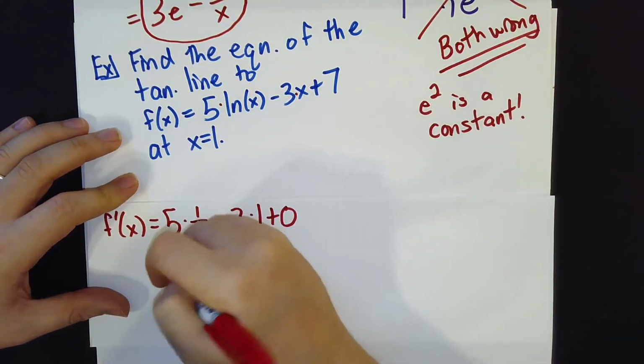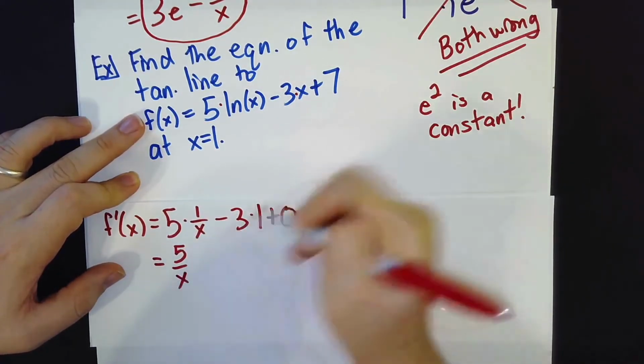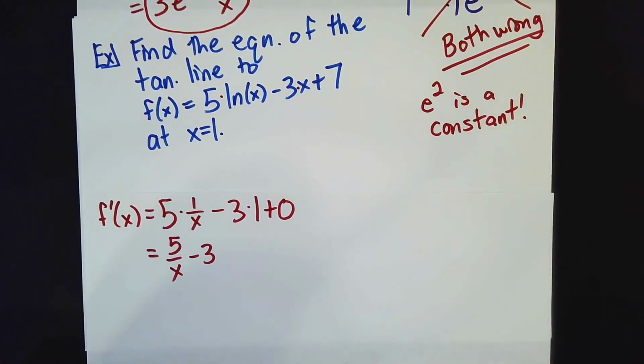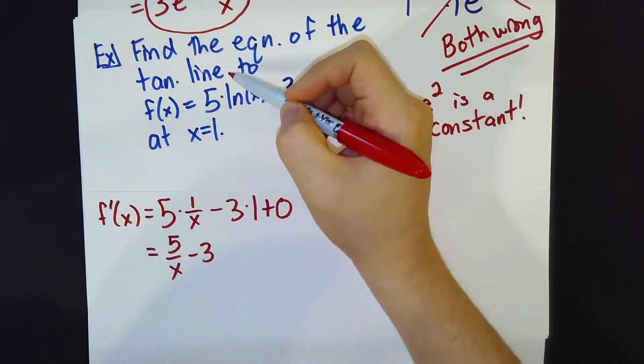And so the derivative of our function here, f prime, is 5 over x minus 3. Now I need to use this derivative in order to find the slope of the tangent line that I'm looking for.